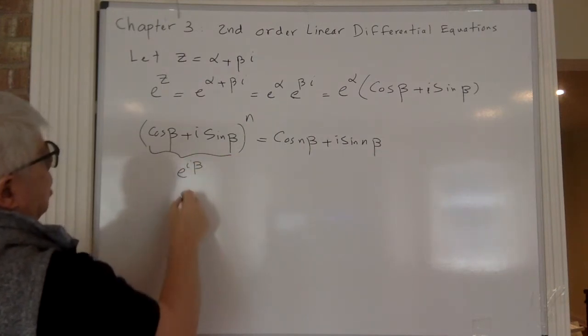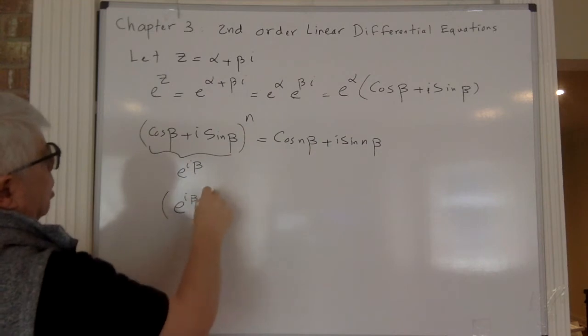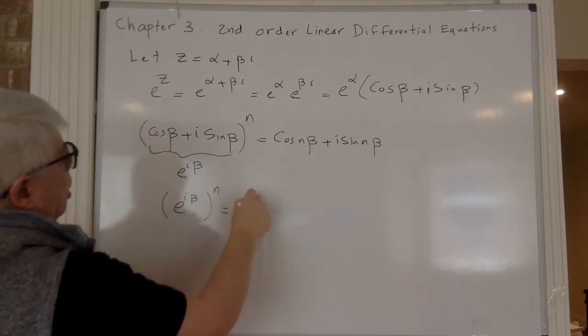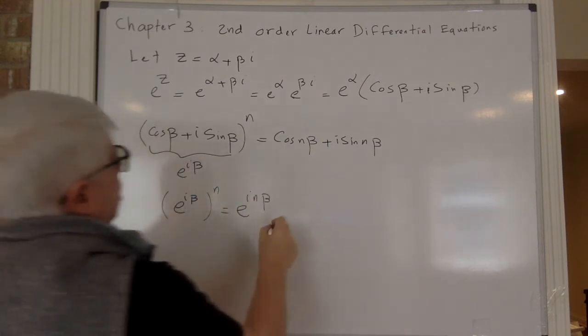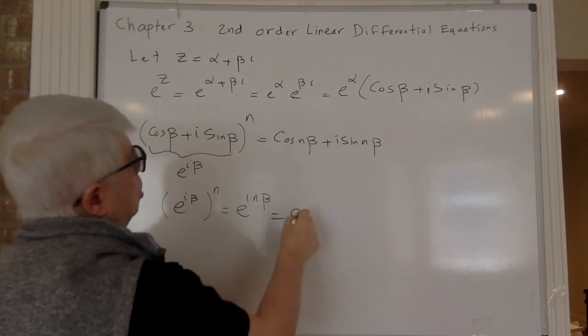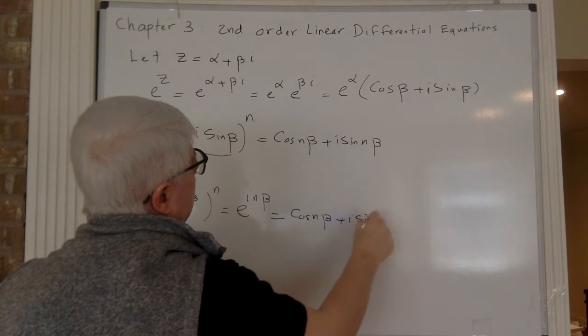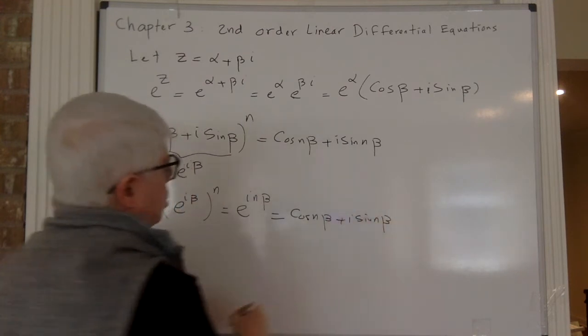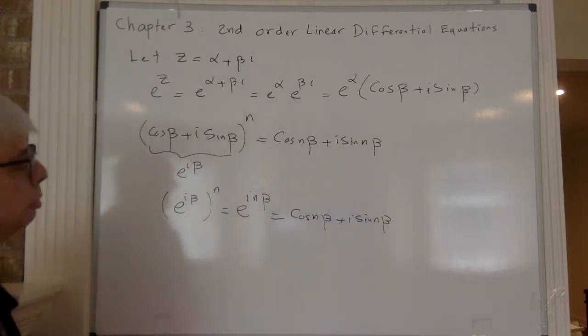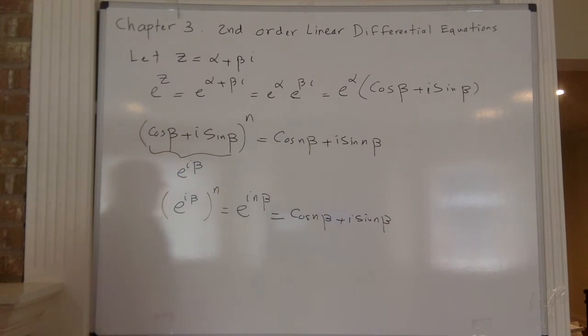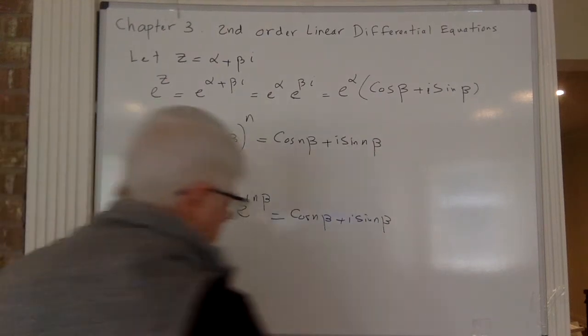So I'm finding e to the power i beta, to power n. And that's e to the power i n beta. And by definition, this is simply cosine n beta plus i sine n beta. So that formula from pre-calc, you can easily prove it using this fact.